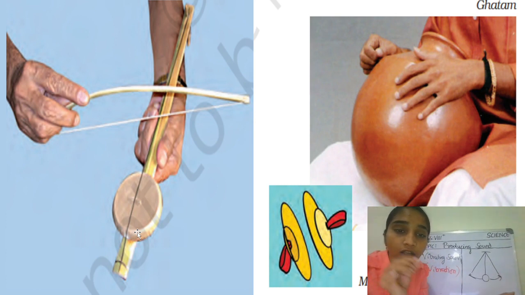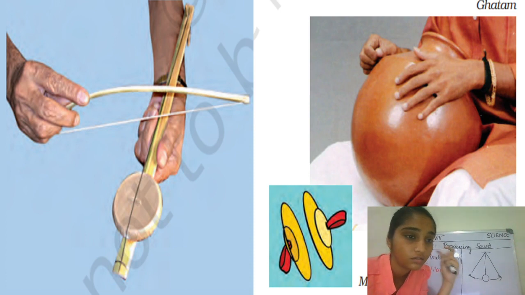To and fro movement. Like the ghatam is also there and the manjira. The manjira in the temples you might have seen, right? So how large the vibrations it is producing, and people use this to produce sound in the form of music or a kind of bhajan also. And the ghatam is also there. Yes, very good, students, good examples.